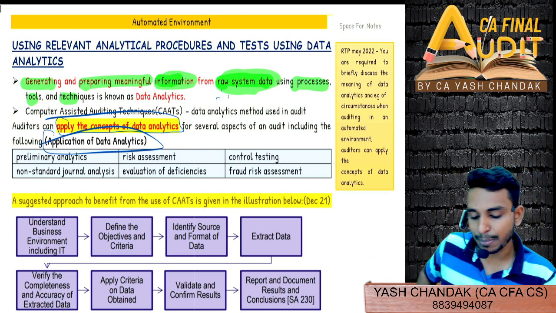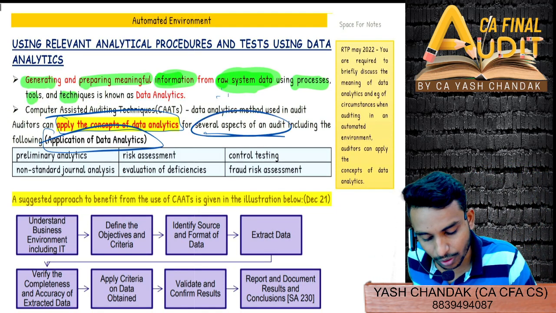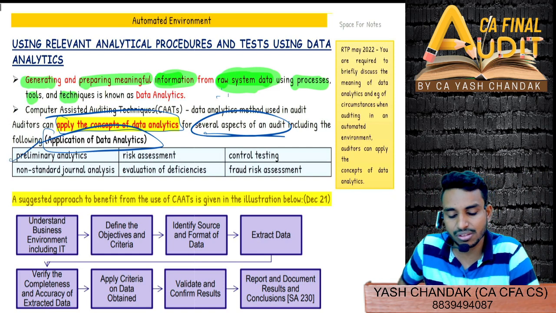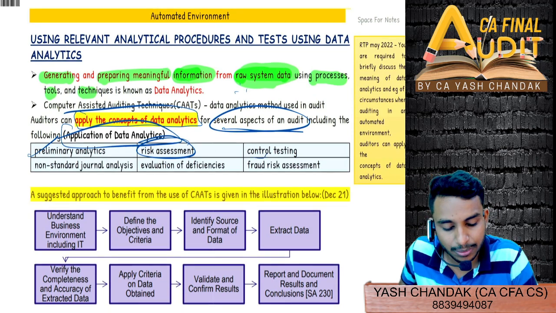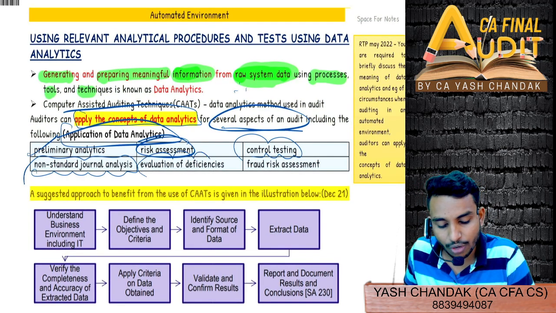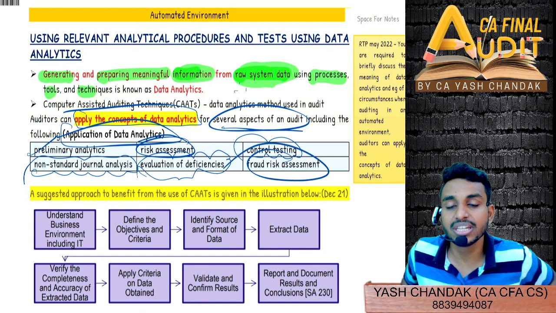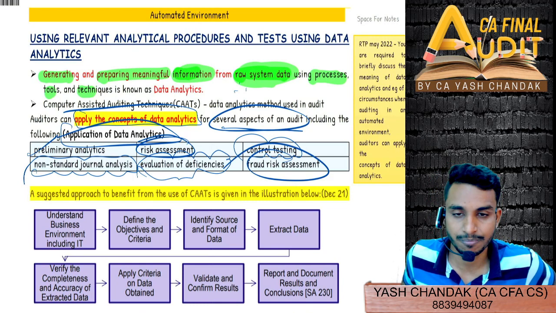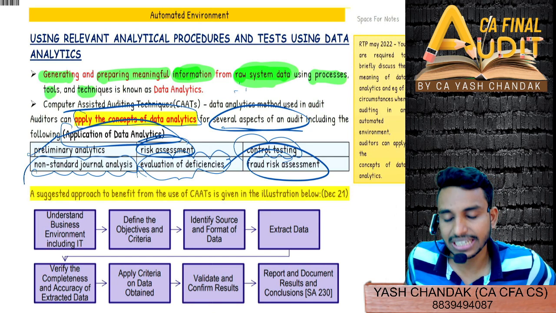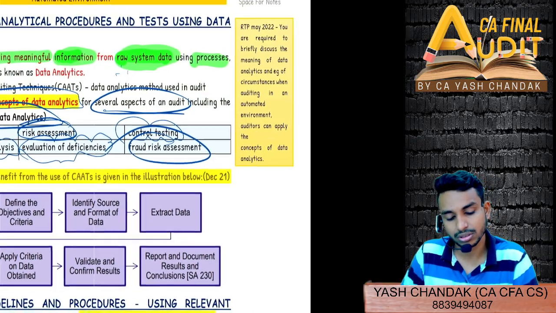As an auditor, I can apply data analytics for several aspects of an audit, including preliminary analytics when I am doing the preliminary engagement. Similarly, when I am doing risk assessment, testing controls, non-standard general analysis, evaluation of deficiencies, and even fraud risk assessment. You can apply your knowledge of data analytics in all these points.